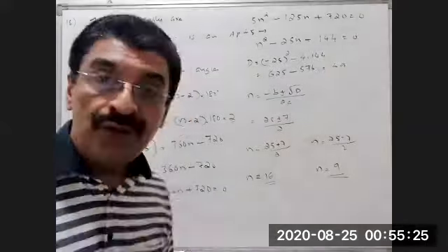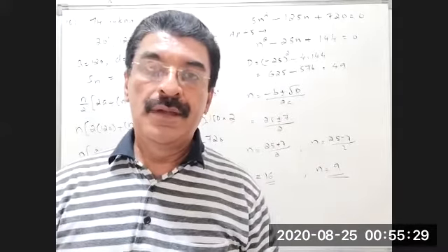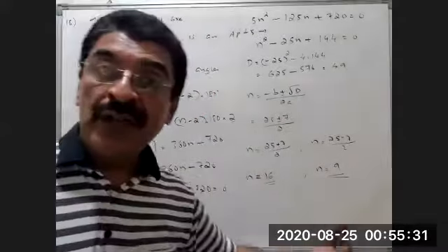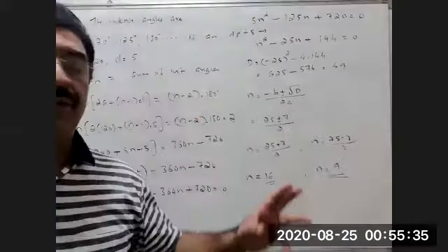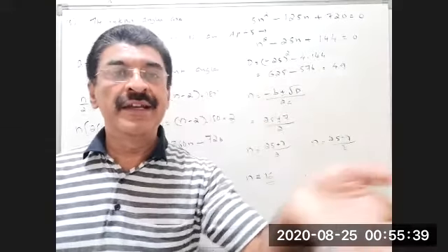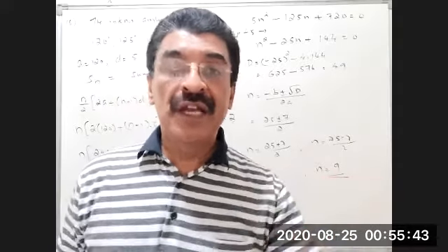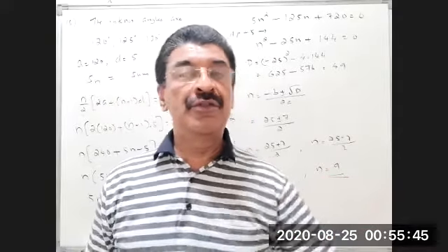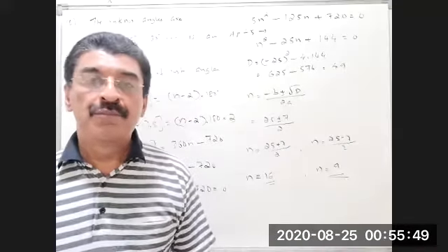Definitely, n stands for the number of sides of a polygon. Number of sides can never be a fraction or negative. If n had been a fraction, we could have rejected it there itself. Even the number of sides cannot be negative. Negative number of sides is not possible. Whereas here we got both positive.